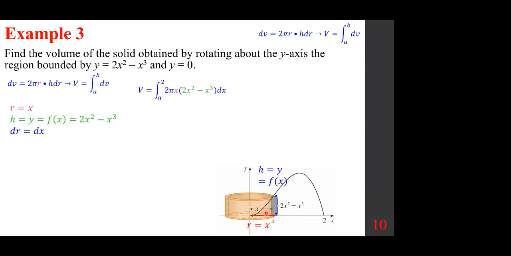Now, obviously, we have different colors to make some sense out of it. We have to multiply x by this expression. The 2 pi in or out, it doesn't matter.